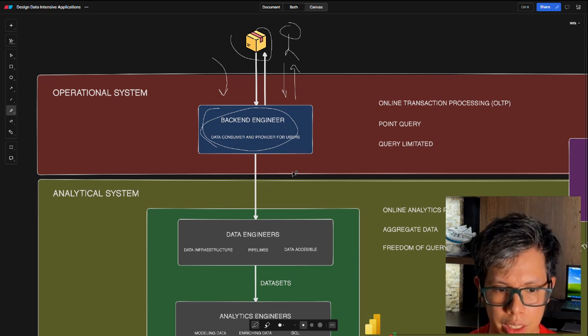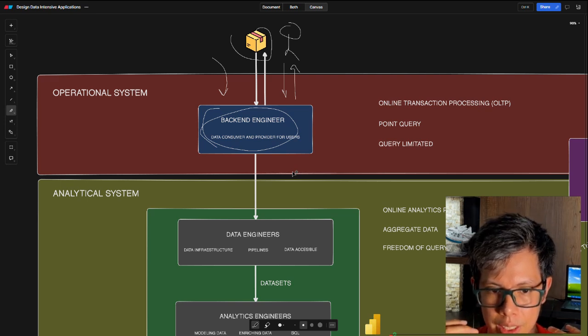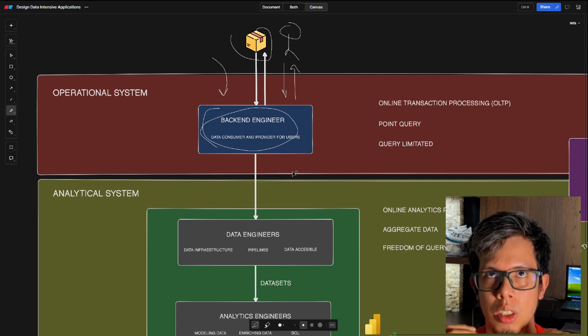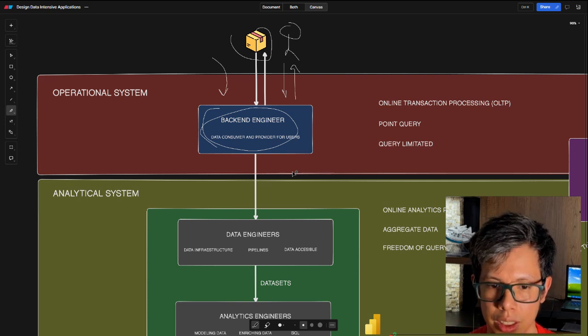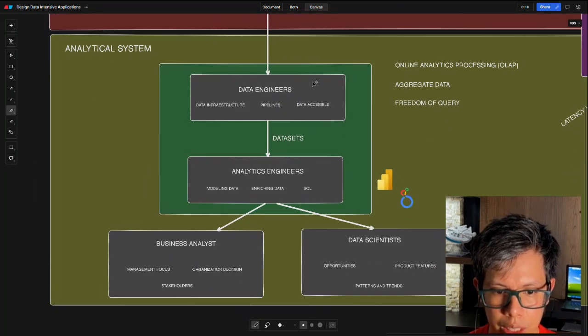So in this case, we start to implement the analytical system, when the organization wants to take more knowledge about what the next decision of the business will be. So for that reason, we have to hire new roles here.